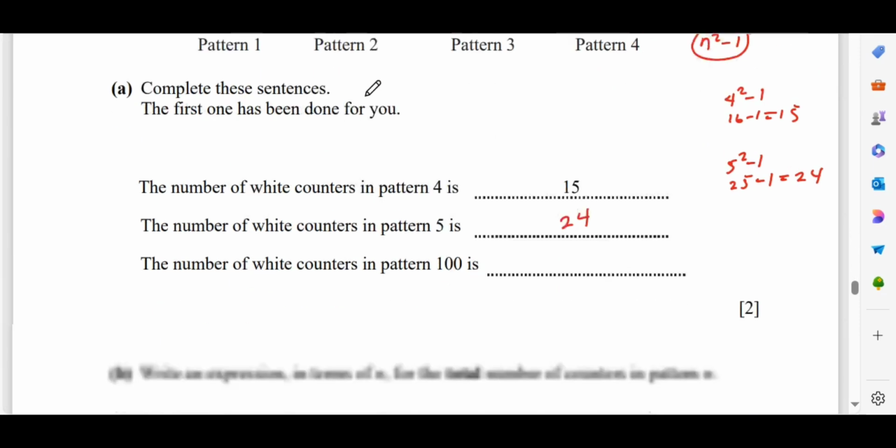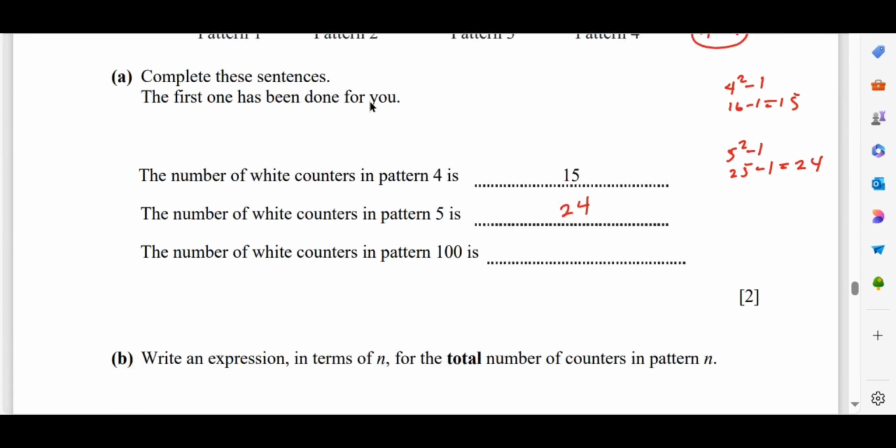The one for pattern 100 will give us 100 square minus 1, which is 10000 minus 1, that is 9999. So that's the answer for those 2 questions.